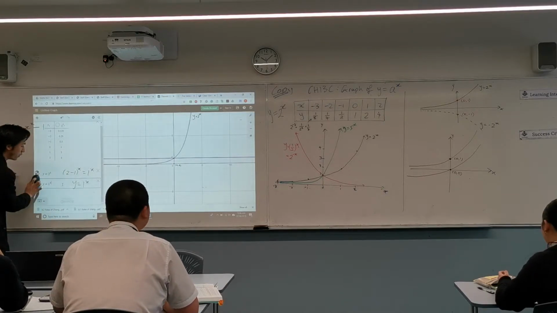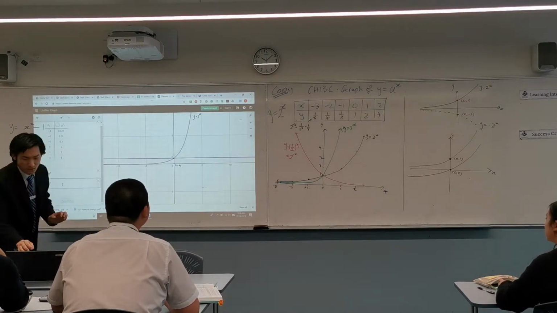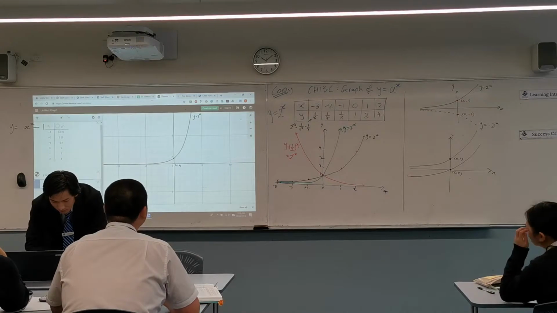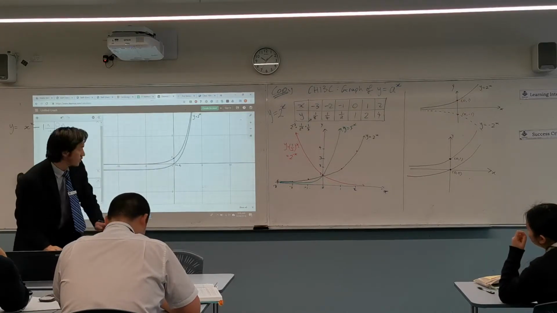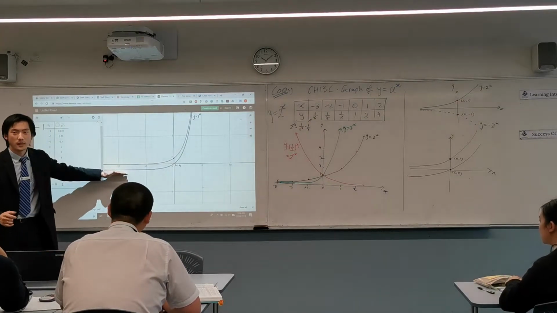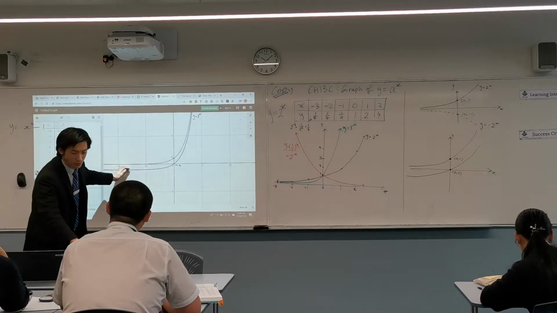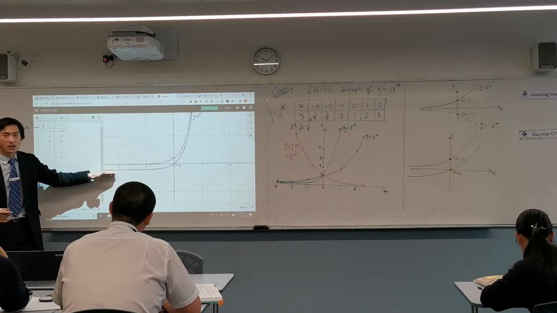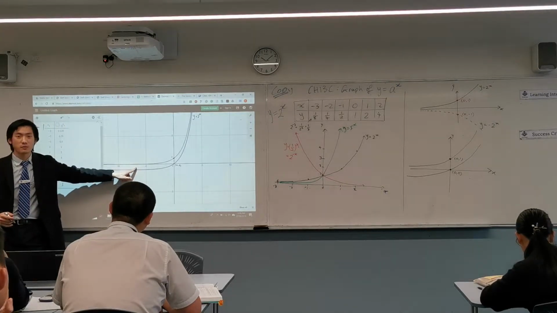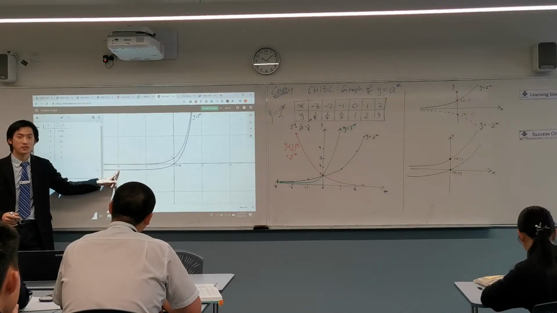Okay, but I will go back to 2 to the x minus 1, and the graph is shifted down. Now I mentioned asymptote before. An asymptote is the imaginary line that the graph always seems to be approaching but never touches.